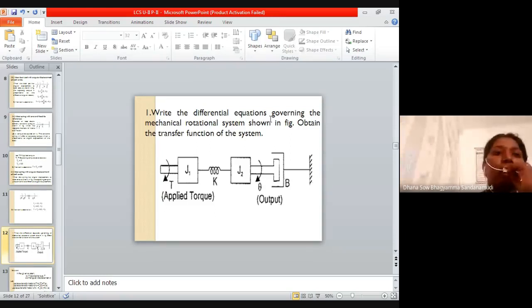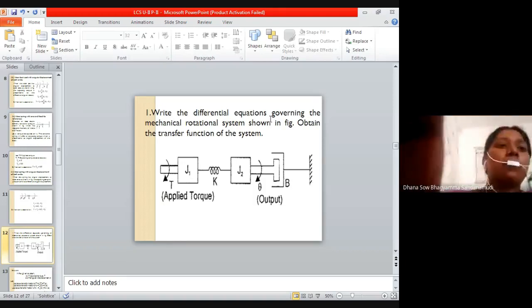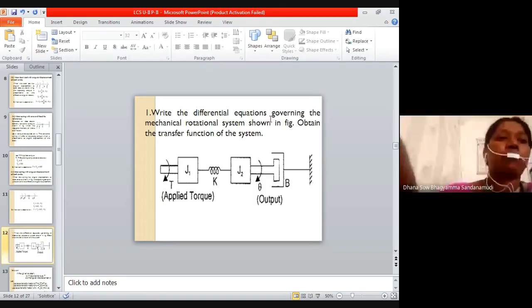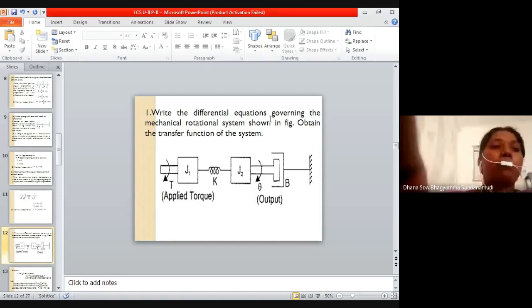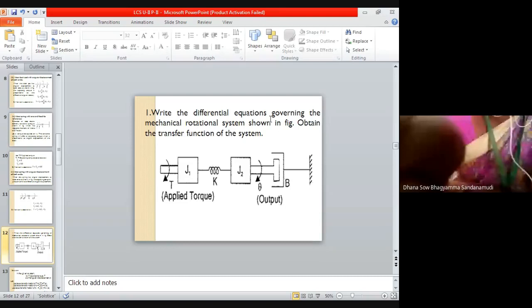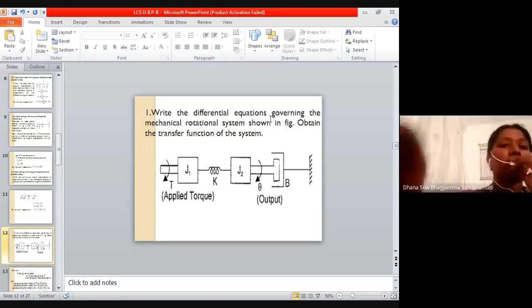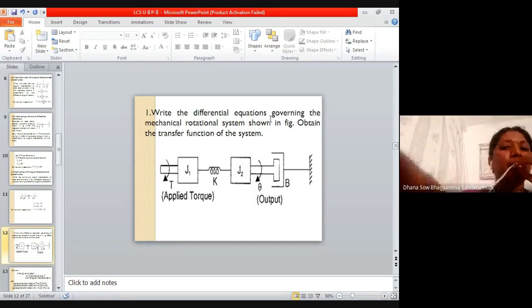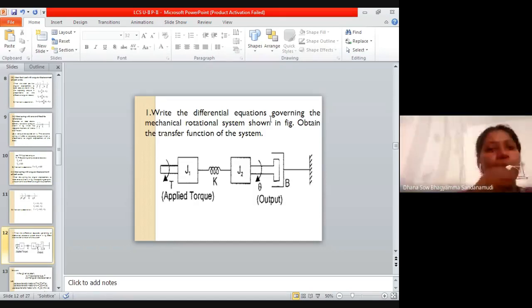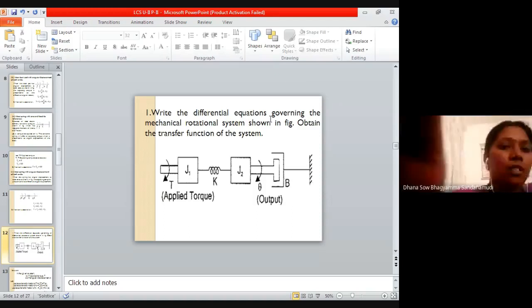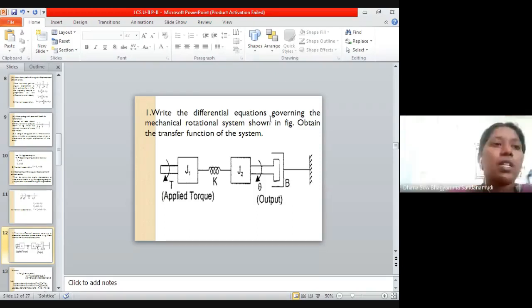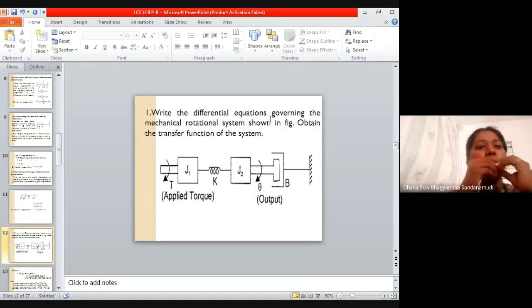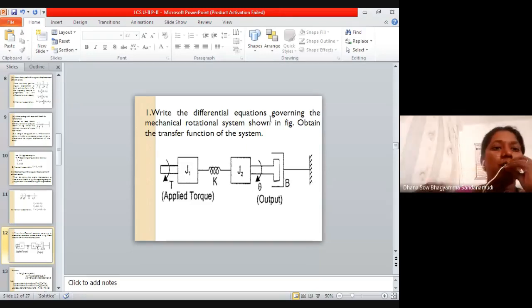Sorry, my speaker connection was loosely connected. I didn't pin it properly. I hope now it is clearer to you. I thought I had pinned it properly, but it was loosely connected.